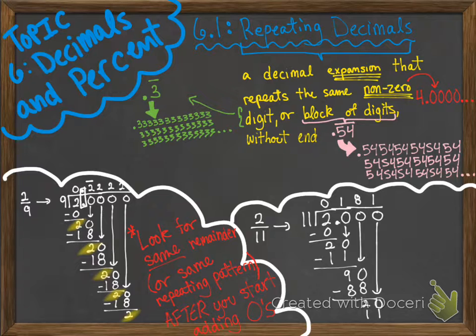Bring down a 0, I'm back at 20. How many times does 11 go into 20? One time, which 11 times 1 is 11. Subtract, 9. I see this pattern emerging. I have a remainder of 2, remainder of 9, remainder of 2, remainder of 9. So if I bring down the 0 and 90, how many times does 11 go into 90? Well, 8 times. So I have 88 again, and I've run out of room.